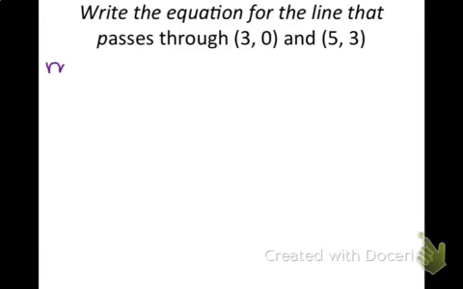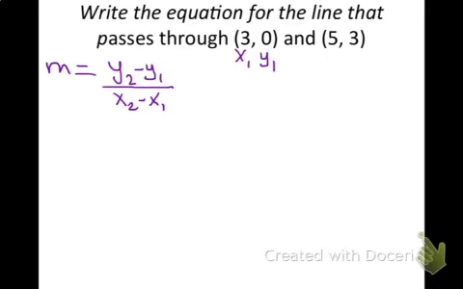Let's just write down the slope formula. So slope is equal to y2 minus y1 over x2 minus x1. So it's our vertical displacement divided by our horizontal. Okay, so let's go ahead and label x1, y1, x2, y2.